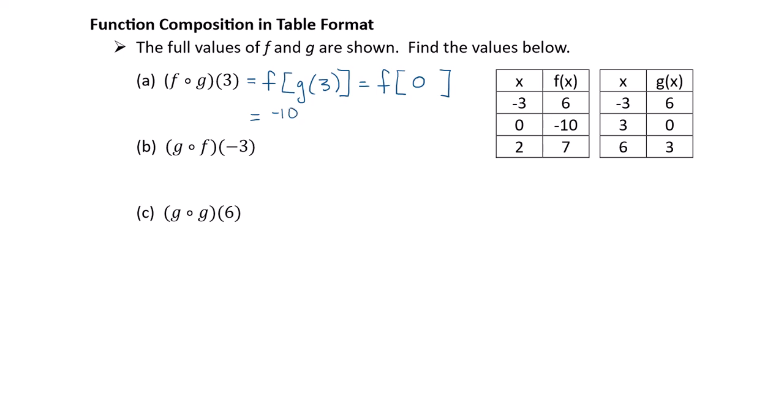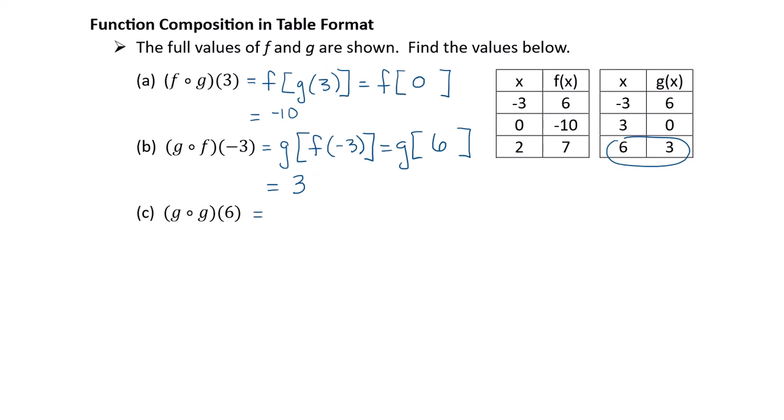Now g composed of f of negative 3. This is g of f of negative 3. We keep the outer shell, the g, and f of negative 3 is 6. Now g of 6 is 3.